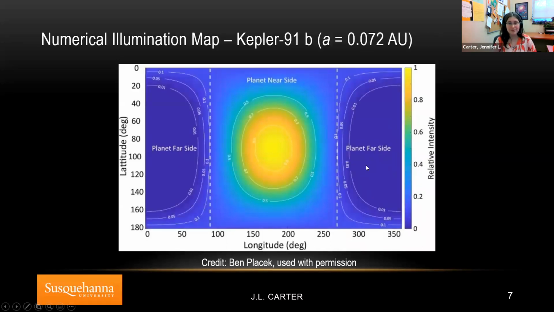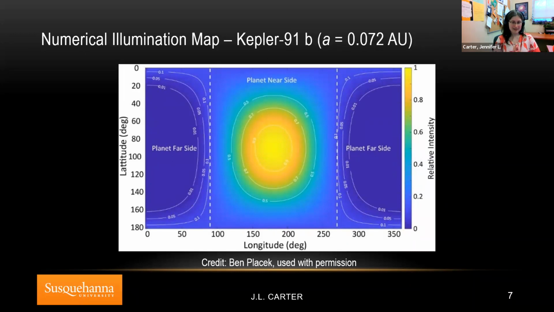This is not the case when we actually do the proper accounting of the finite angular size of the host star. Here, we start to see a relative intensity of about 0.2 or 0.1 near the terminator of our exoplanet.